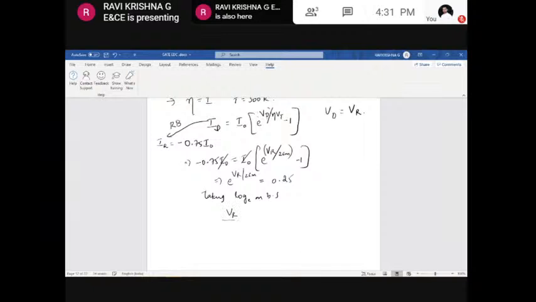We will get VR = 26 millivolts × log base e of 0.25. So VR is equal to 26 × 10 to the power of minus 3 × log base e of 0.25.